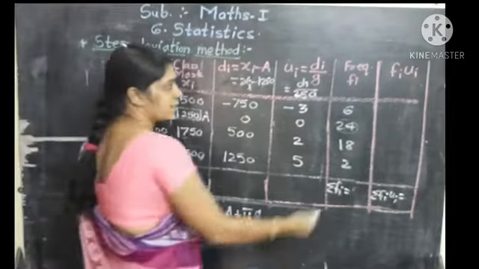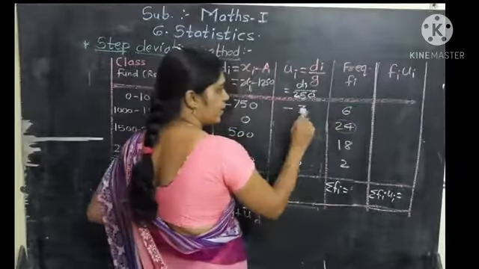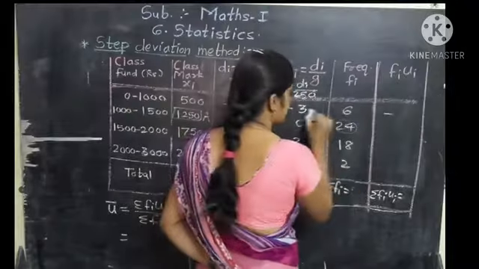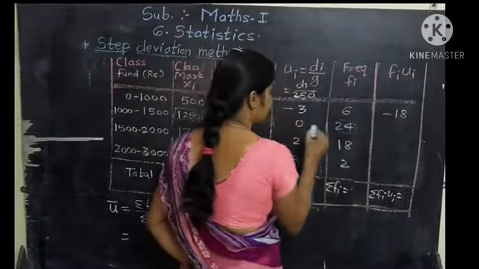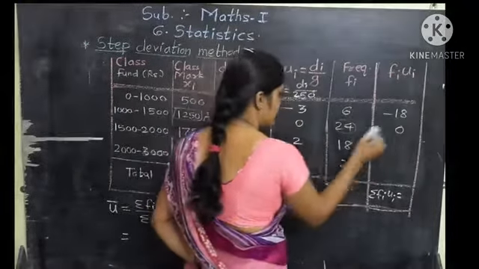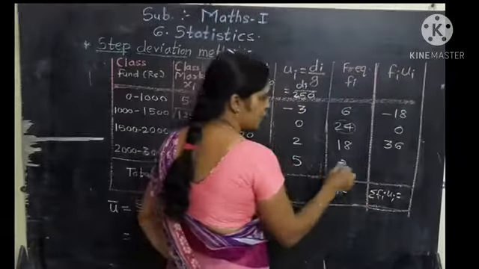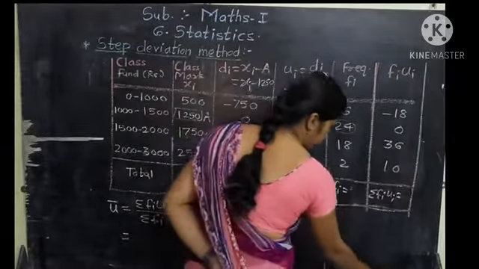Okay, and the last column is fi into ui, the multiplication of these. 6 times minus 3 is minus 18. 24 into 0 is 0. 18 times 2 is 36. 2 times 5 is 10.